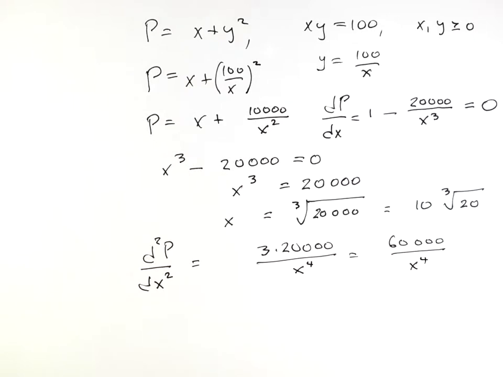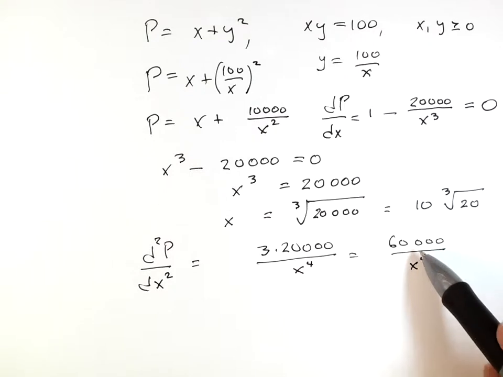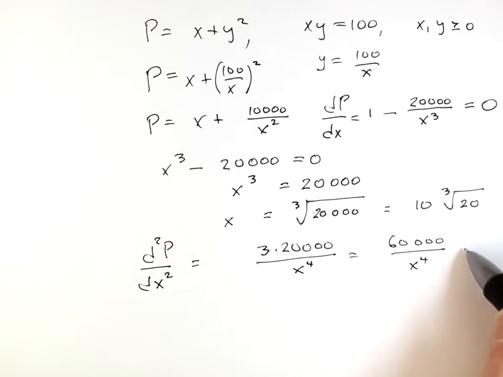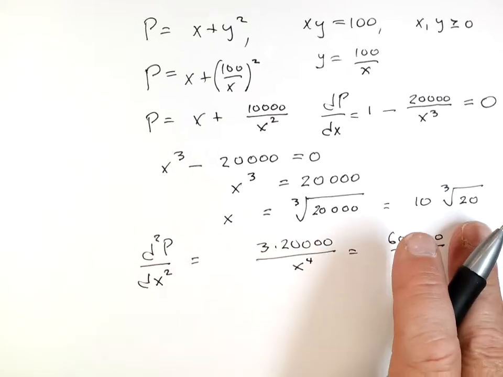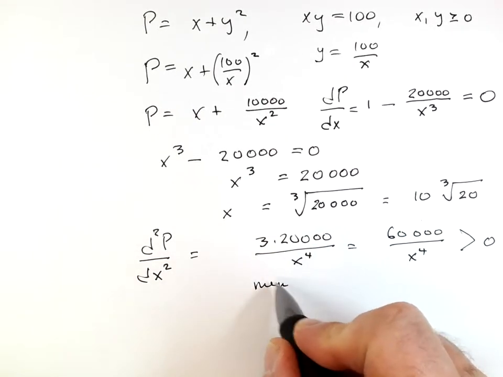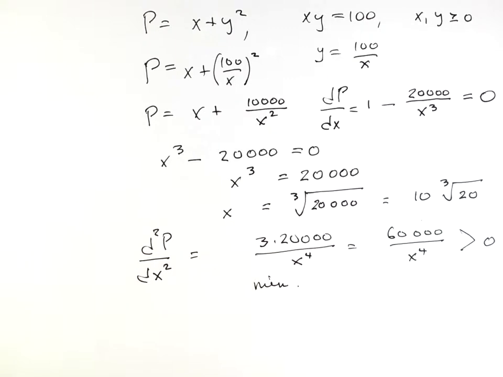That's the second derivative. Well, when you substitute this value in for x, it doesn't matter what it comes out to be. You don't have to actually do this to the fourth power. What does matter is that it's positive, and that second derivative is positive at that value. That means it's concave up, and that means we have a minimum value, and that's exactly what we're looking for. Okay? And we're done.